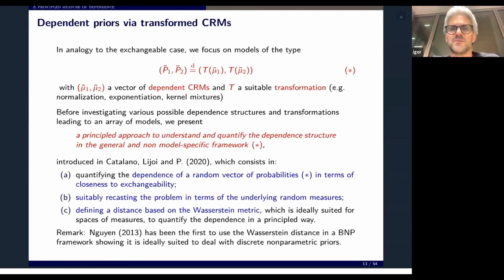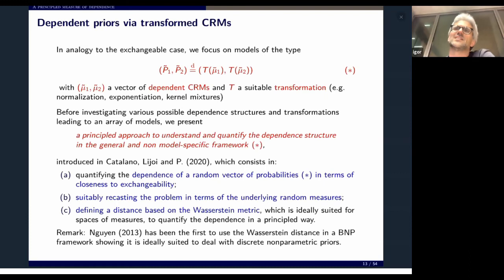I keep it general. It could obviously be normalization, which is always a candidate, exponentiation, kernel mixtures, and whatever you want. But I said I'm of the Biden party, so I go with completely random measures. I'm not going to break sticks.